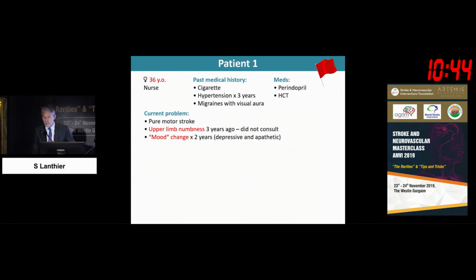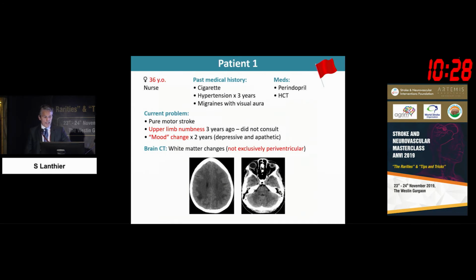Also, she reported an episode of upper limb numbness 3 years ago, and she did not consult for that. There was also a mood change for 2 years with depression and an apathetic mood. On brain CT scan, there were white matter changes that were not exclusively periventricular. These are red flags that suggest another etiology than arteriolosclerosis.